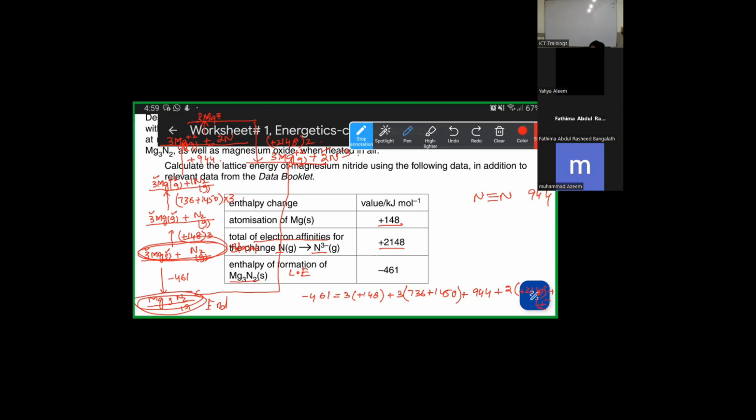Okay, so if you calculate it, my dear, you will get the answer. 12703. Yes, this is it, plus 12703. So that is the lattice energy.